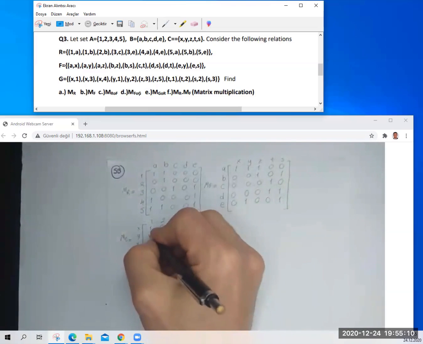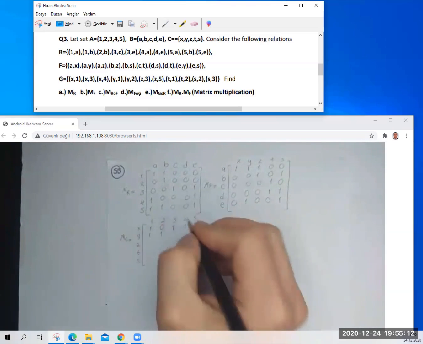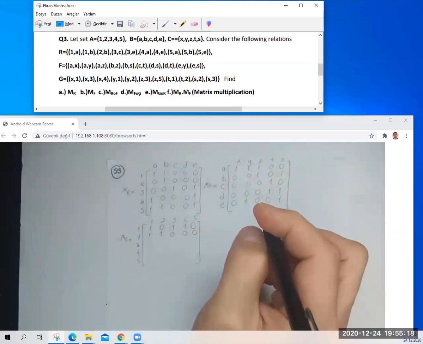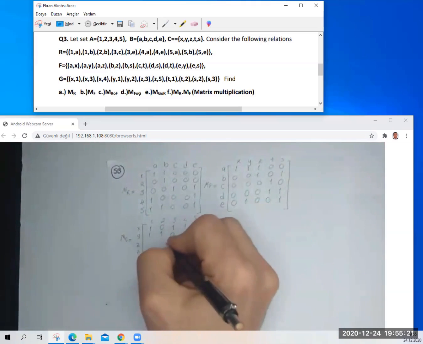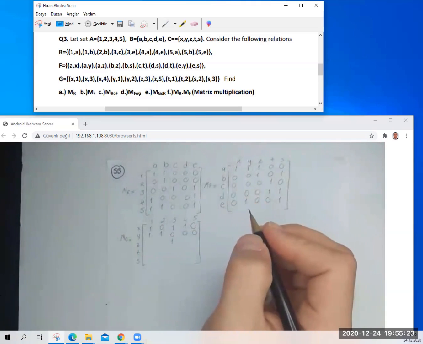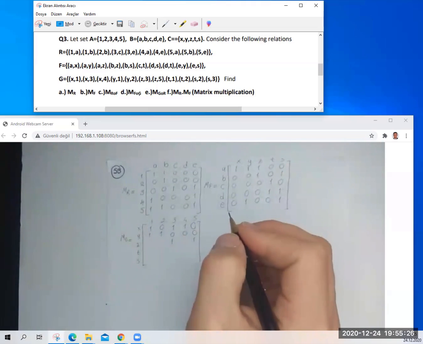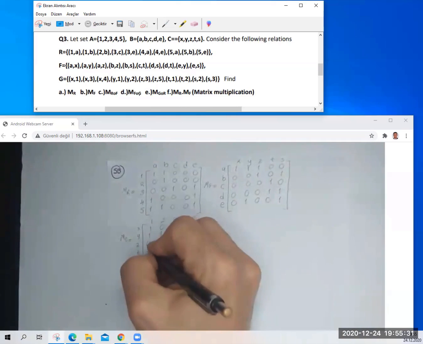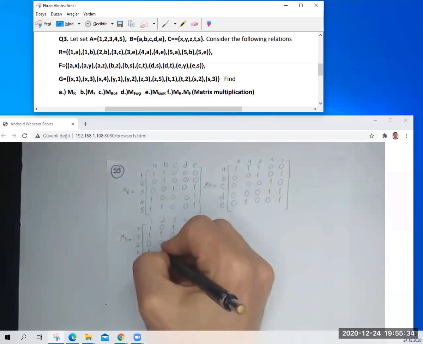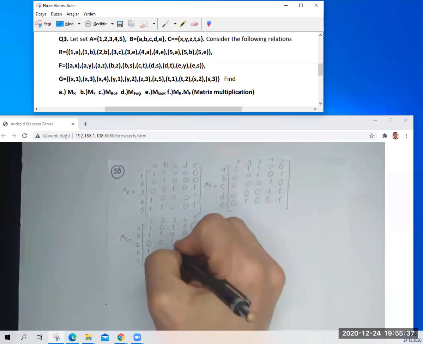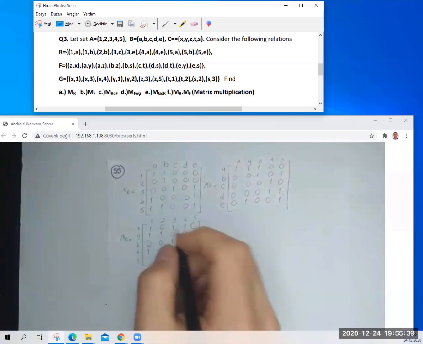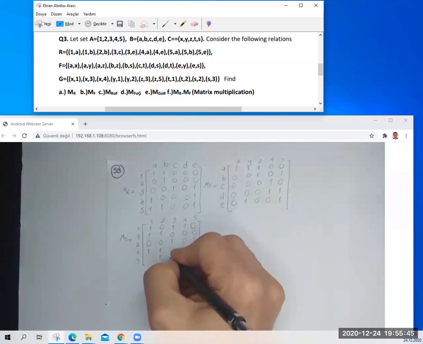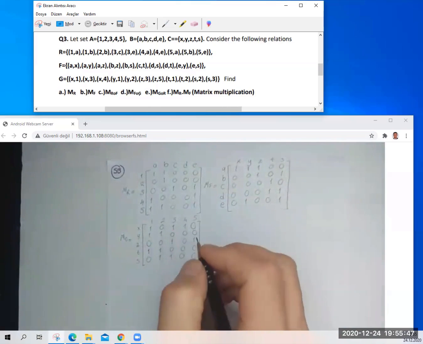And Y goes to 1, Y goes to 2, and there is no Y beyond that, so 0, 0, 0. Z goes to 3 as a 1, and 5 is here, and 0, 0, 0. T goes to 1, and 1, 2, and there is 0, and for S, 2, and 3. That's it, I wrote that one.